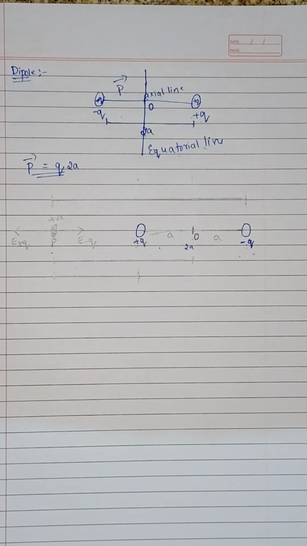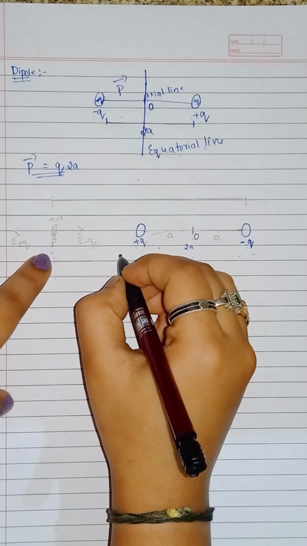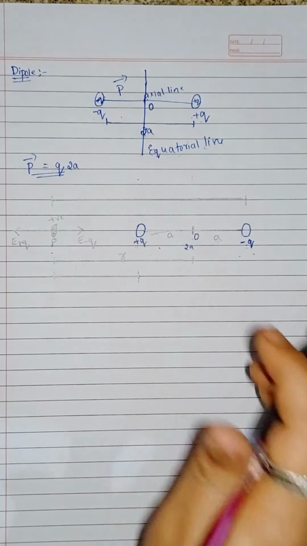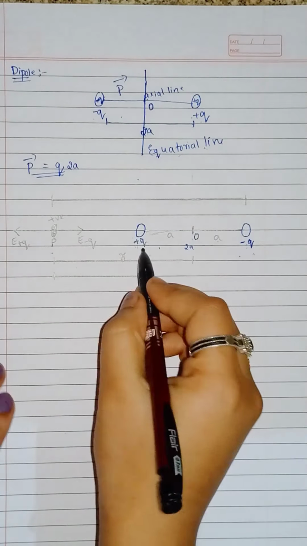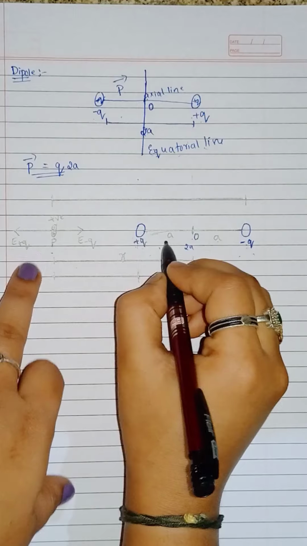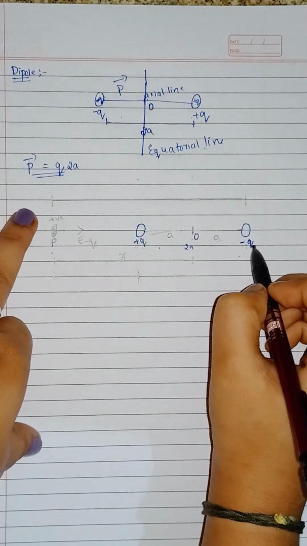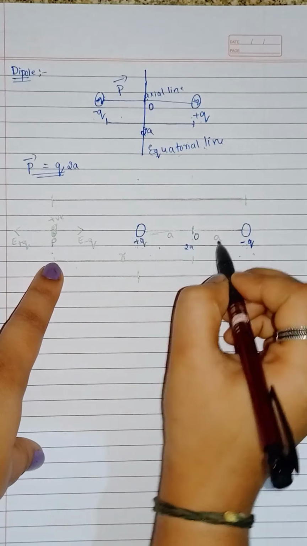Now we know the electric field of positive q and negative q, and we are considering a point P at a distance r from the origin, or center of the dipole, on the side of the positive charge q. If we see this is a, so from point P to the negative charge, how much is the distance? r plus a, right?